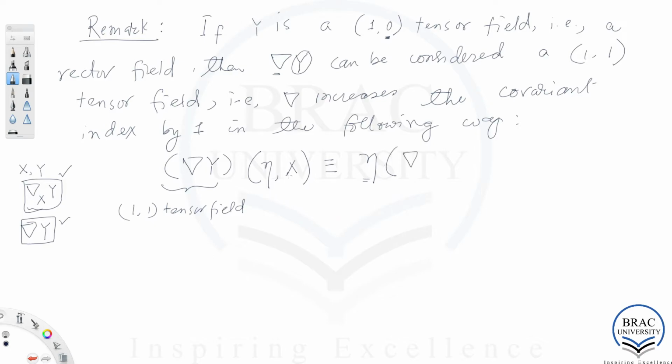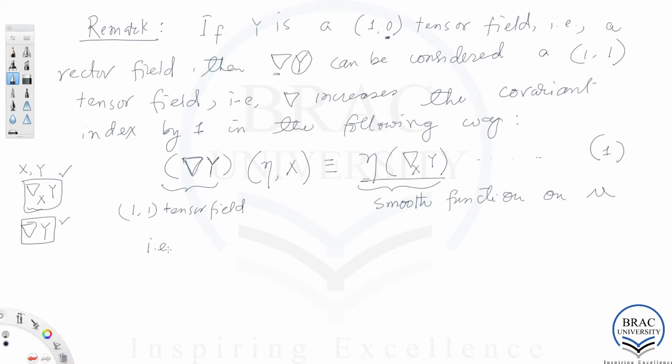Nabla x y is a vector field we know, and this map, nabla y, is a 1,1 tensor field that, upon acting on a one form and a vector field, spits out this scalar function. This is our equation number 1. This is a smooth function on the differentiable manifold.